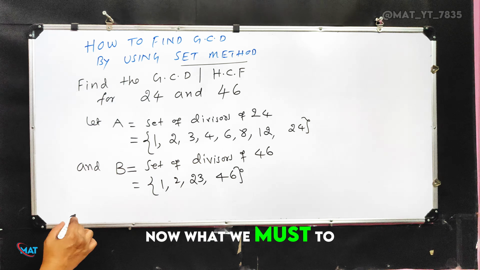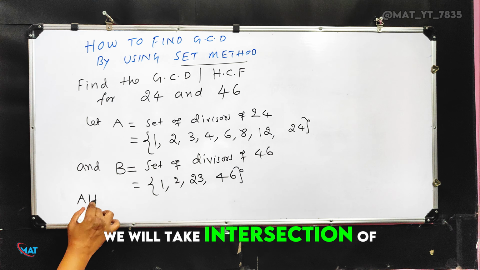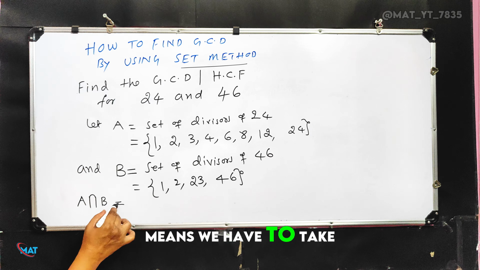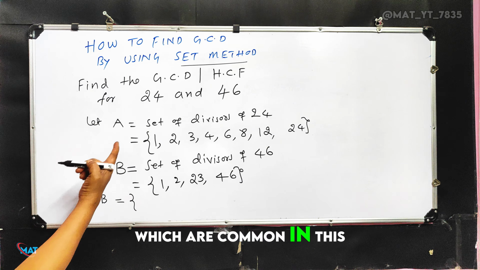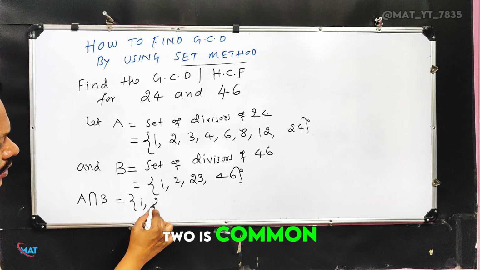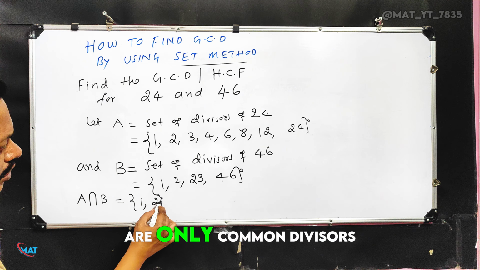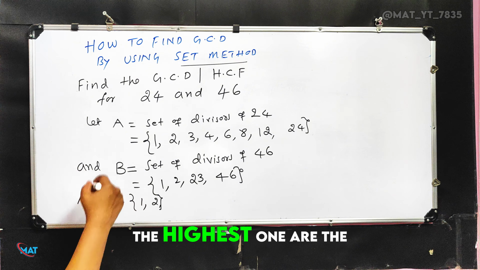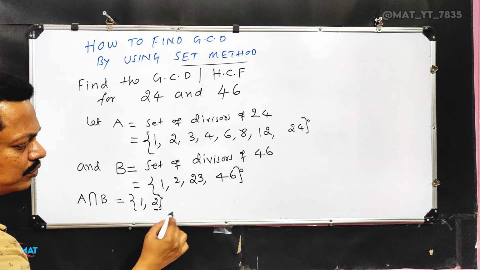Now, what must we take here? We will take the intersection of these two sets. That means we have to take those divisors which are common in this set and this set. 1 is common, 2 is common. I think only these two are the common divisors. In this set, the highest one or the greatest factor is 2.